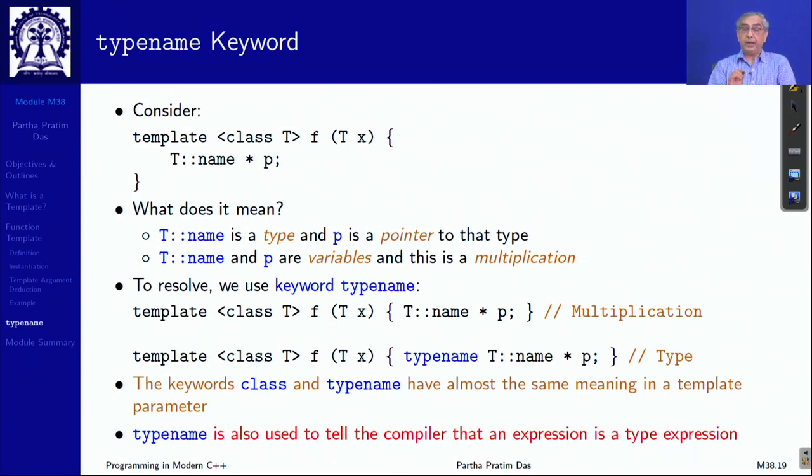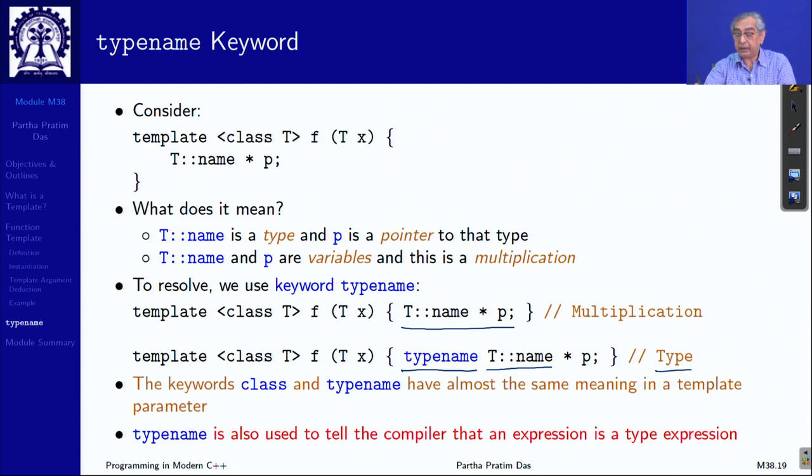So, what has been set in C++ is that if you just write this, T::name is taken to be a variable, and therefore it is a multiplication, right. This is the default. If you want to mean that T::name is actually a type, you have to put the keyword typename before that. If you put the keyword typename before T::name, then this will be treated as a type and it will not be treated as a multiplication.